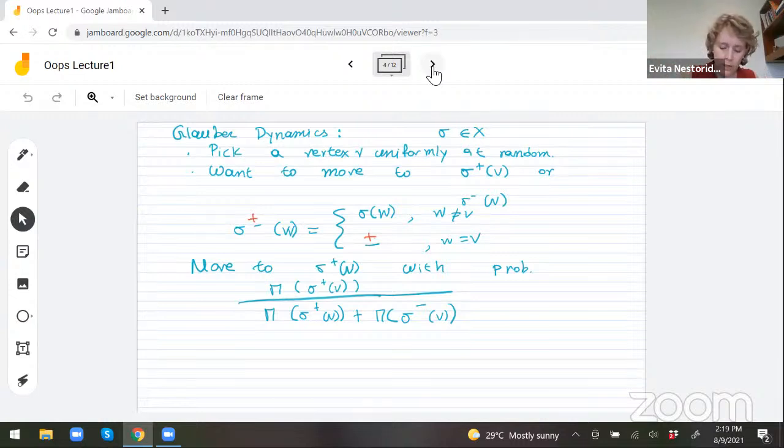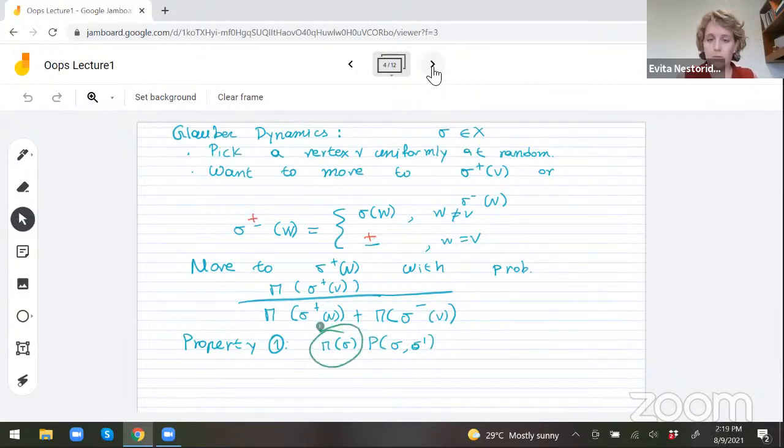Okay, so one of the main properties is what we call reversibility. So if we can check this identity, that if we choose the starting configuration according to pi, and then we take a step with respect to the transition matrix, this is equal to having chosen sigma prime with respect to the measure pi, and then take a step and land at sigma.